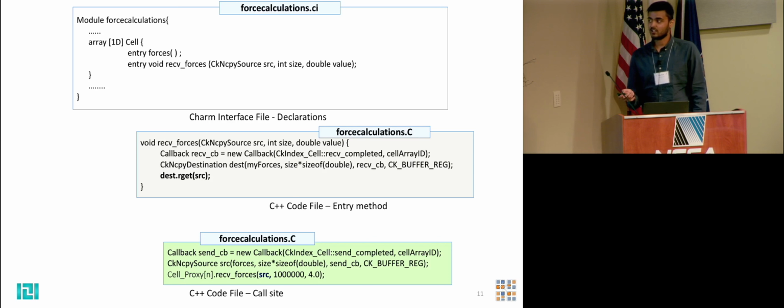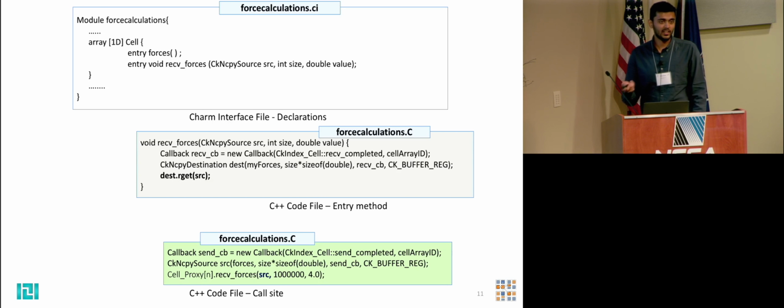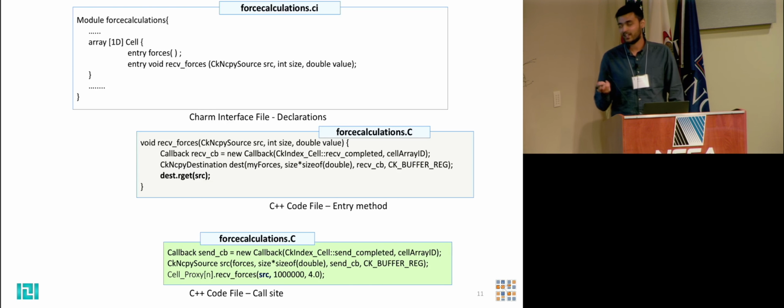Using that destination object, you say dest.rget, and then you pass the source object. In this particular case, an rget is performed, and that's how the user gets the data. Similarly, there is a very similar semantic that can be used for an rput, but in that case, you use a source object to perform an rput on a destination object.